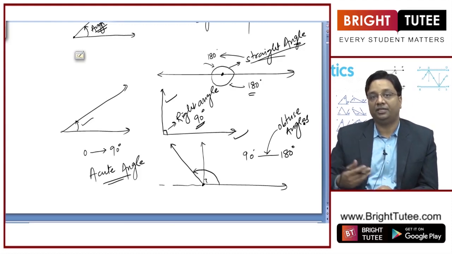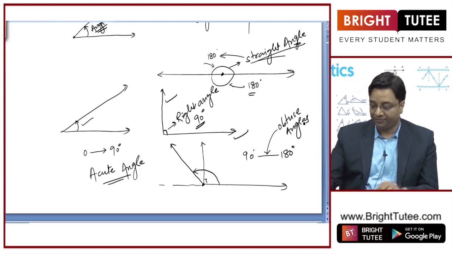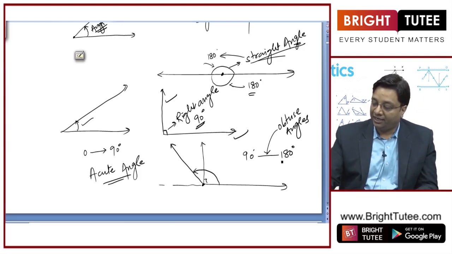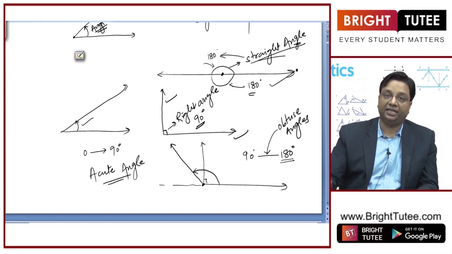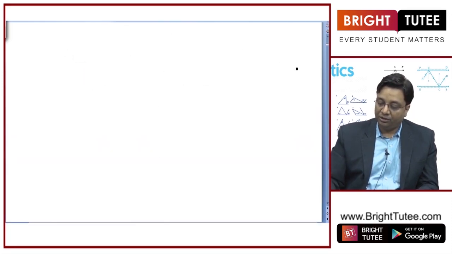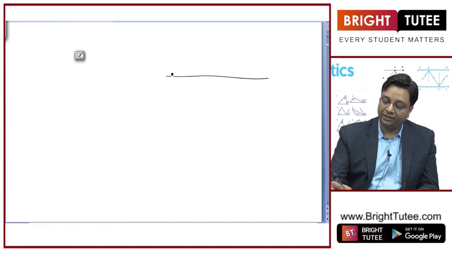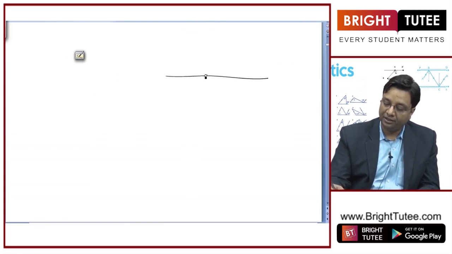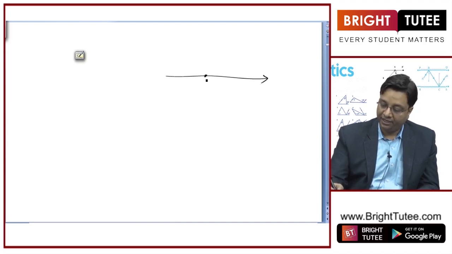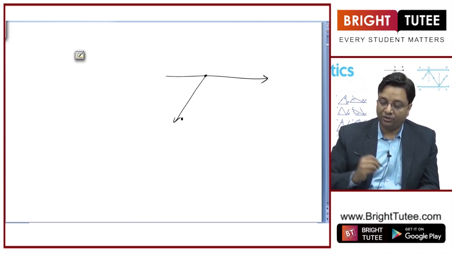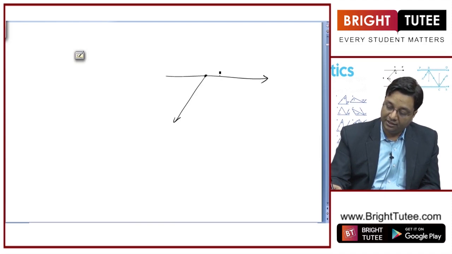For example, 120 degrees, 135 degrees, etc. But when the angle is 180 degrees, it becomes a straight angle. And we can also have angles more than 180 degrees. For example, if this is one ray and you draw this ray like this, then this angle is known as a reflex angle.